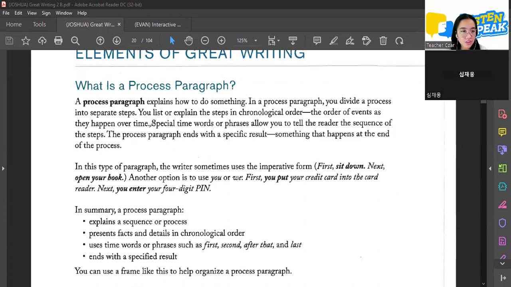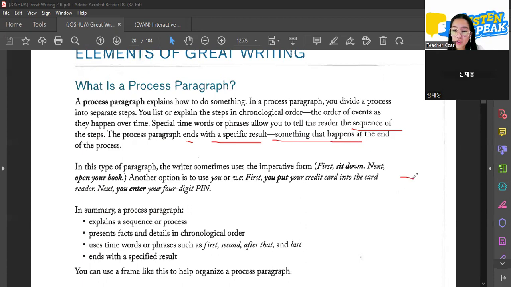Okay. Also, special time words or phrases allow you to tell the reader the sequence of the steps. Meaning in a process paragraph, there is a sequence of steps. And the process paragraph ends with a specific result, that is something that happens at the end of the process.